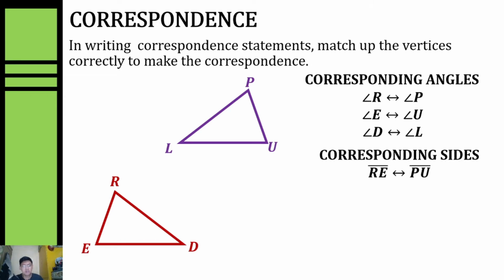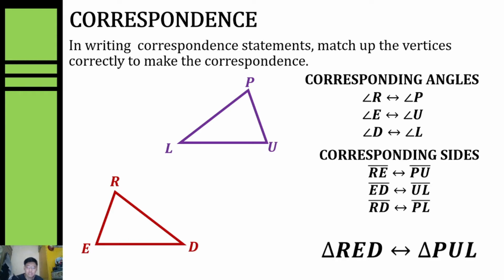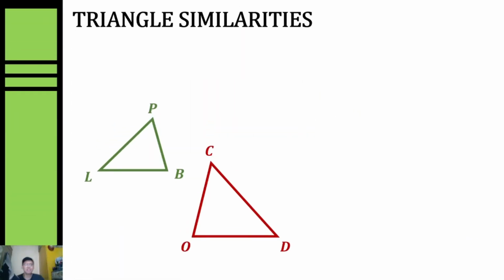For corresponding sides, we have side RE corresponds to side PU, side ED corresponds to side UL, and side RD corresponds to side PL. Since we already paired the angles and the sides, we can say that RED corresponds to PUL.